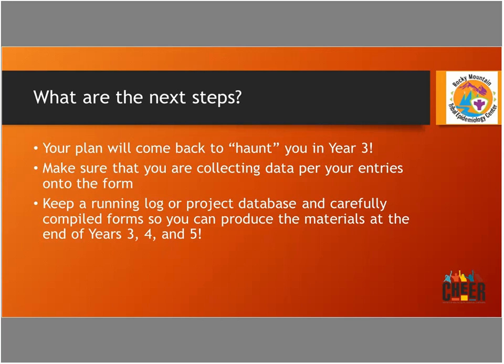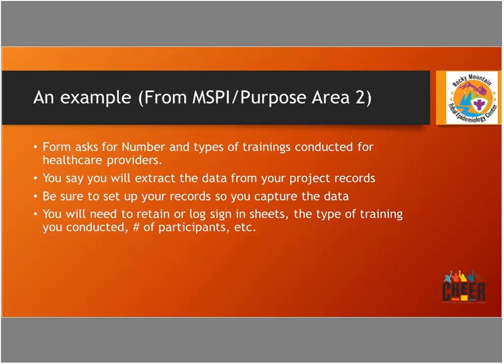Let's go to my example here. The form says to record the number and the types of training conducted for healthcare providers in Purpose Area 2. Let's imagine that you've been training healthcare providers through the ASSIST program about suicide prevention. The form asks where you will get this information from when you put your data together.